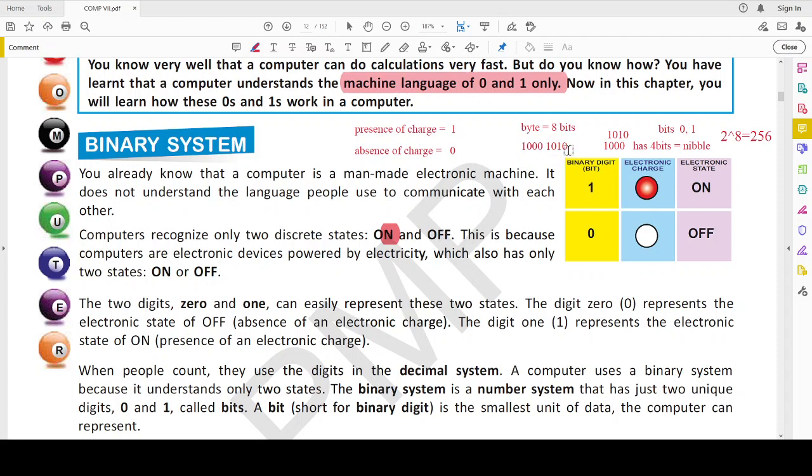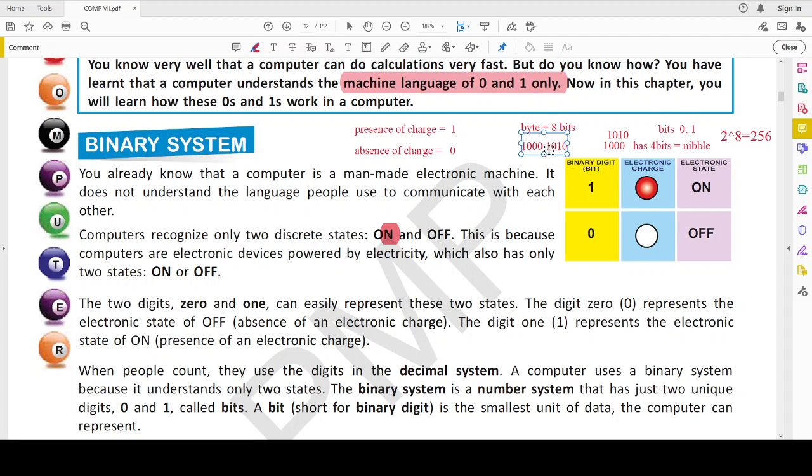Here I can place 0, I can place 1 also. For each representation I can have 2 into 2, 4 representations. Similarly for the next position, 2 into 4, 8 representations.